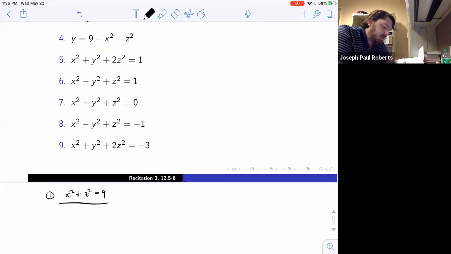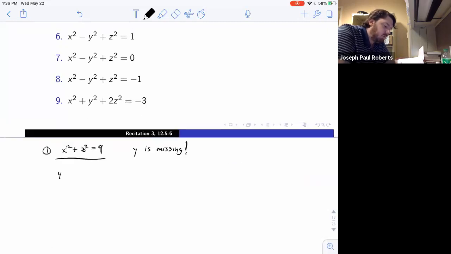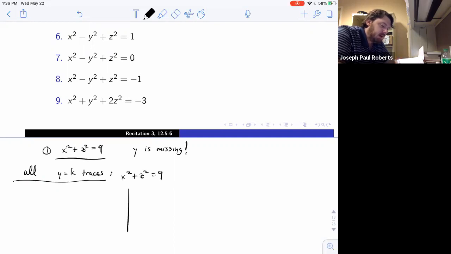Well, there's no y. Y is missing, which means that all the y equals k traces are x squared plus z squared equals 9. So that's what happens when you have a missing variable: nothing happens when you plug in different values for that.